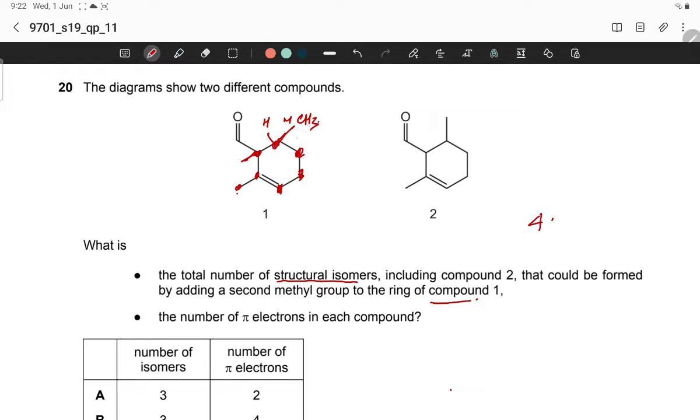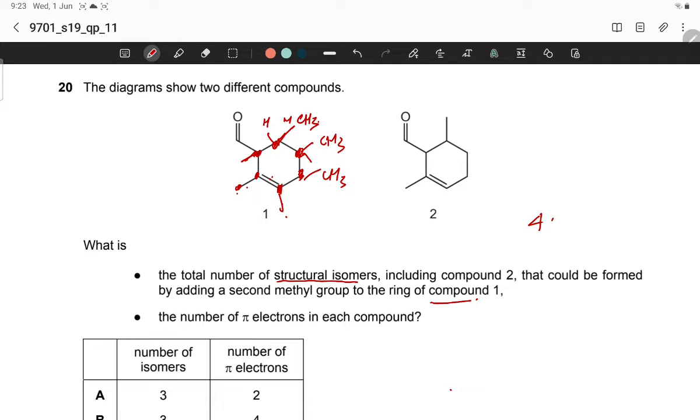There are 5 positions in which methyl can replace H. It can be over here, over here, over here, 1 2 3 4, and on this position.